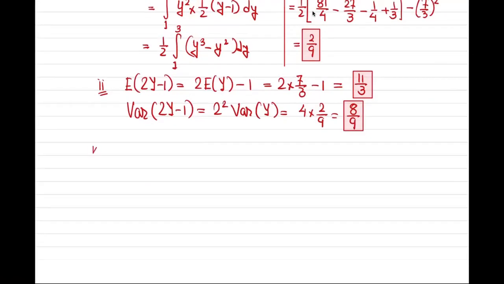You are asked to find E of V. As this is a cube, V can be defined as x cubed. So I have to find E of x cubed.